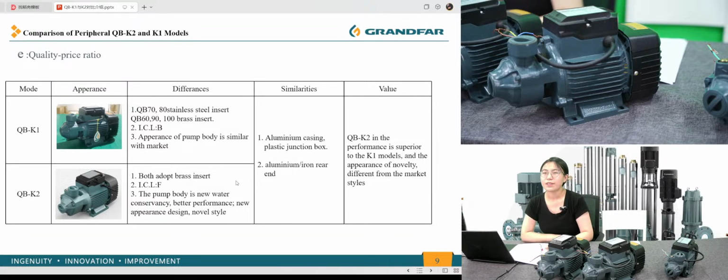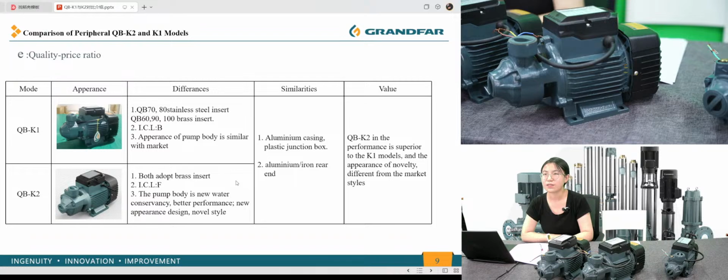As for their appearance, like I said, the pump body is similar to most of the pumps in the market. So how can we make our pump different from other products in the market? That is why we designed the new product QB-K2.